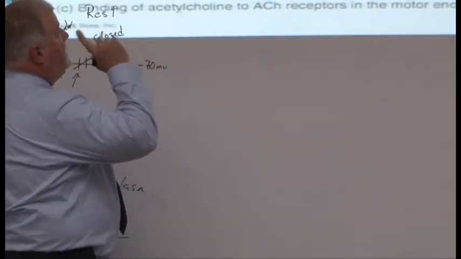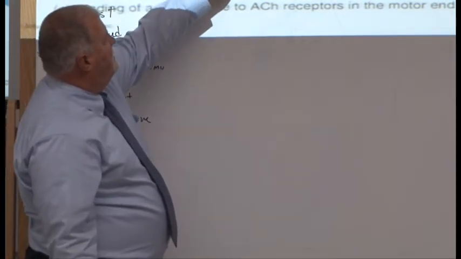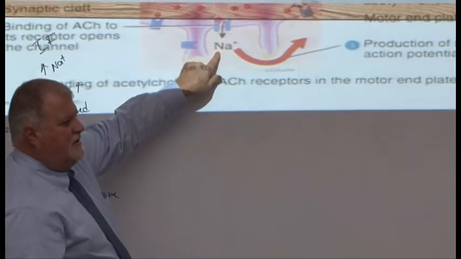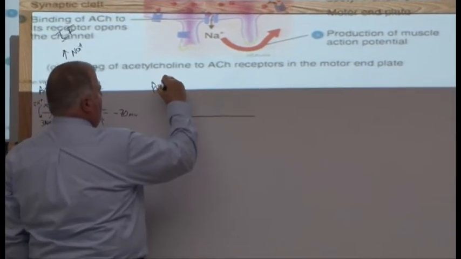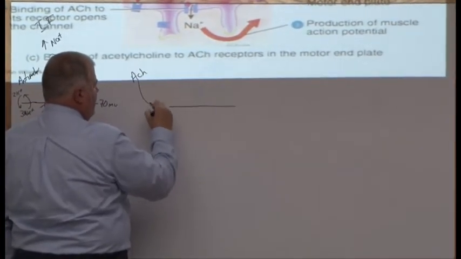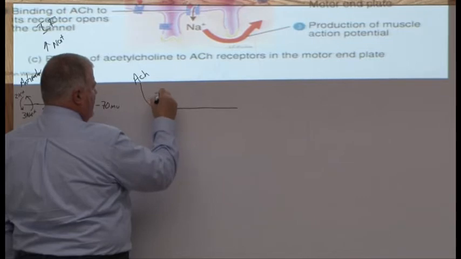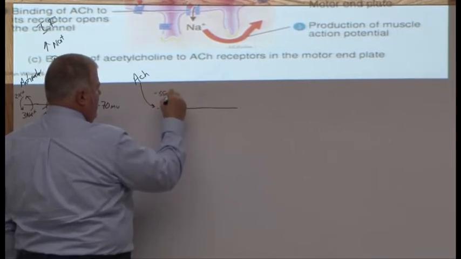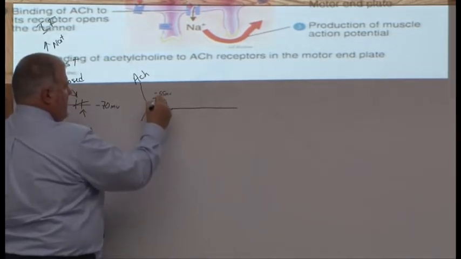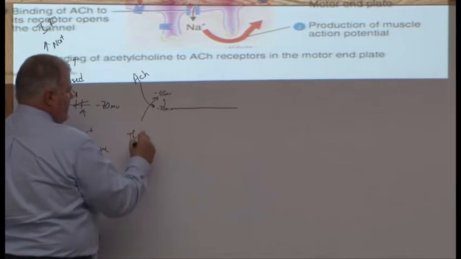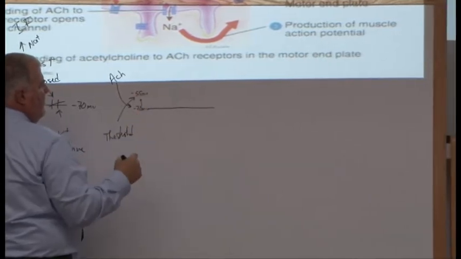So what actually happens is, because acetylcholine is released and binds with these receptors and opens a sodium channel, we have a mechanism, because of the release of ACh or acetylcholine, that we can move the membrane from -70 millivolts up to -55. Okay. And what we said yesterday in lab is this is what we would call a threshold event, because we're moving the membrane to -55.